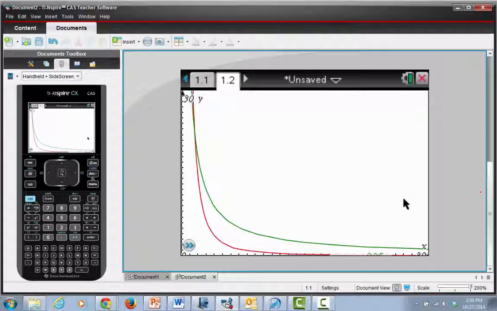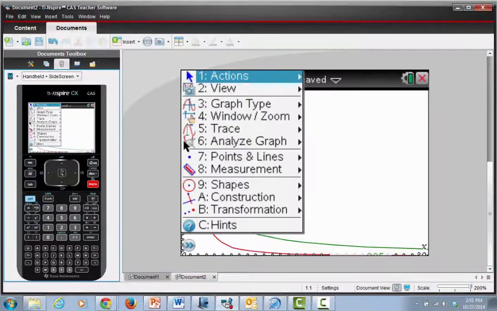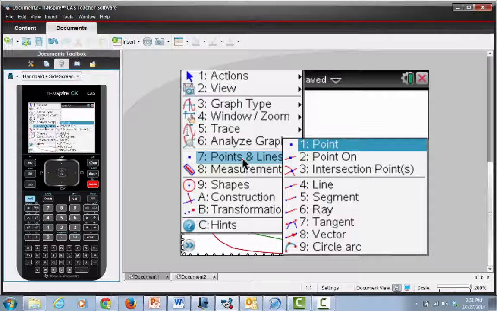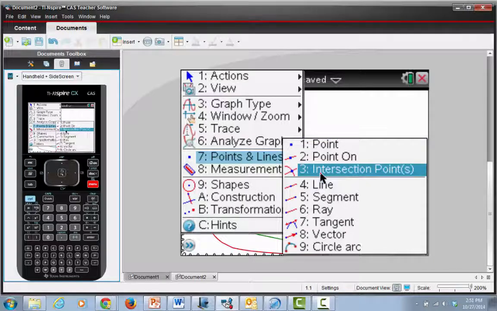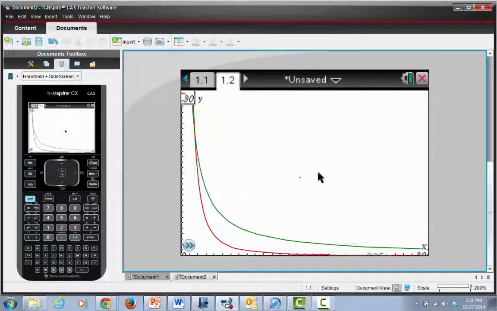There's one that's off the screen, way over here, that we can't even see, and there's one that's on the screen right there. Okay? So one of the things I can do to find out where they cross is I'm going to go to Menu, Points and Lines, and look at that. Intersection points. So if I hit on intersection points, and then I'll tell it what I want it to measure.